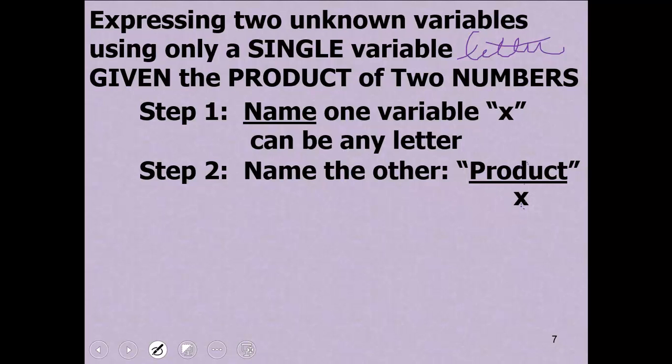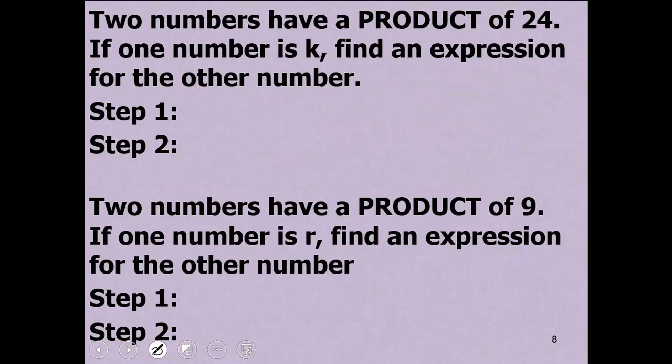So now we're going to use division. If two numbers have a product of 24, and one number is called K, so I've named it K, find an expression for the other number.